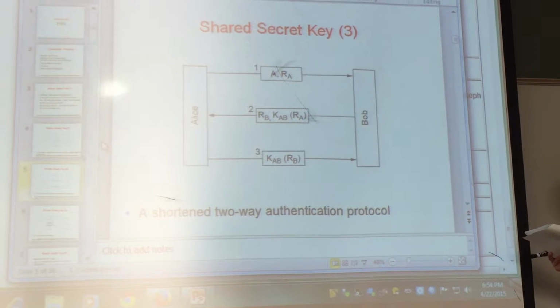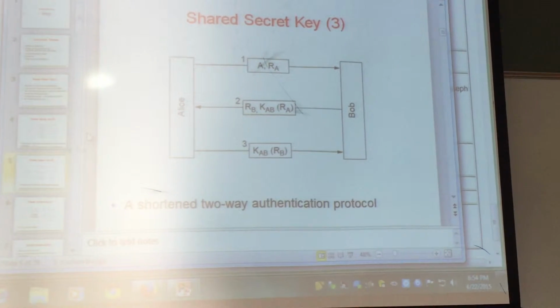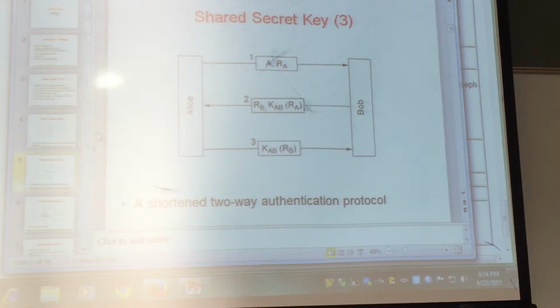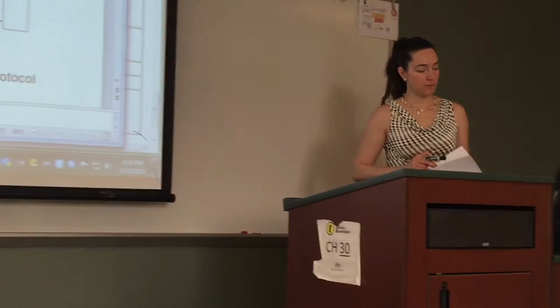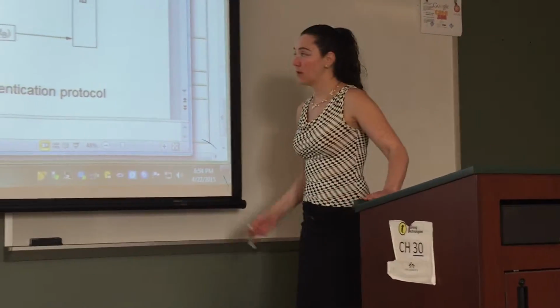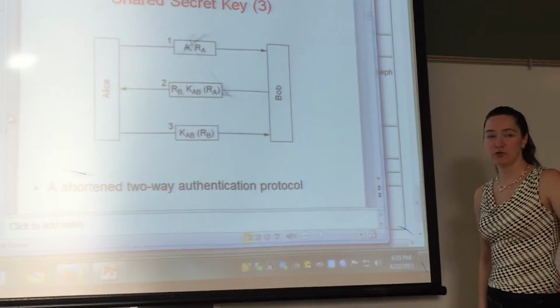Now, this kind of algorithm can have some issues. Can you think of a way that this can be compromised by Trudy? So Trudy is the intruder.